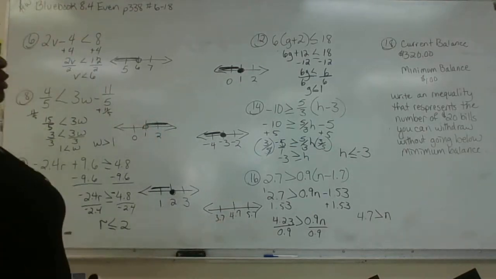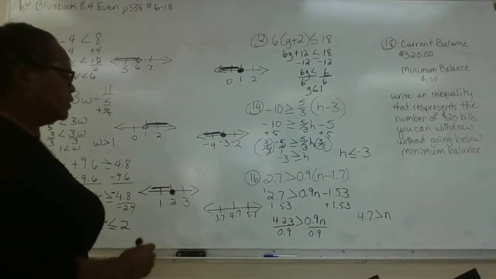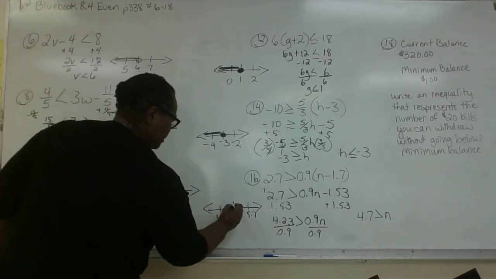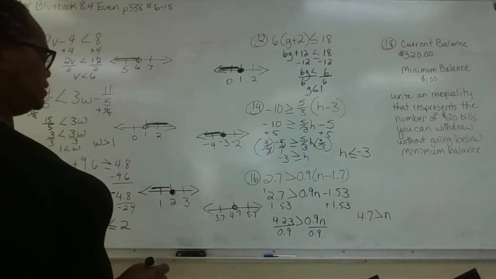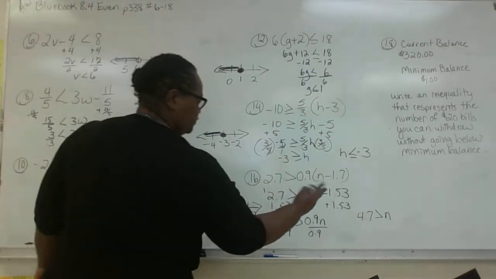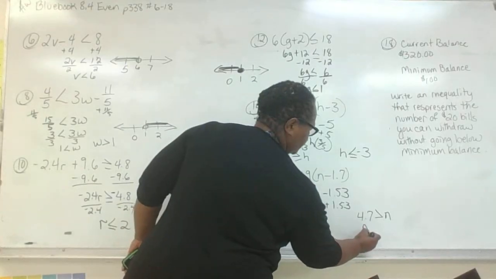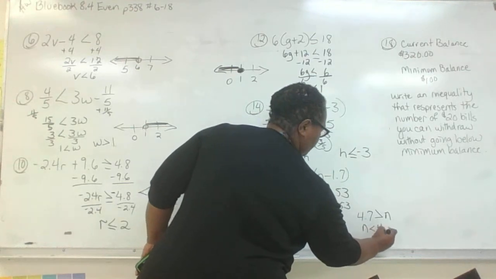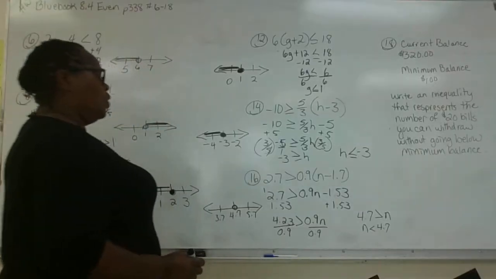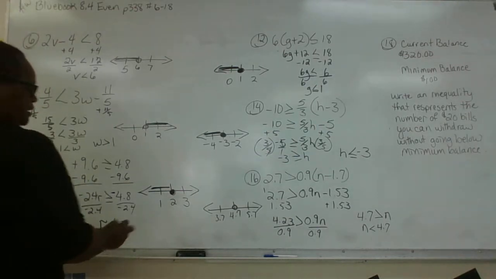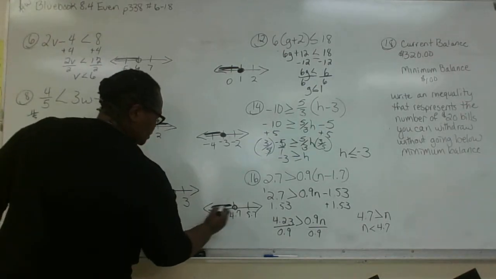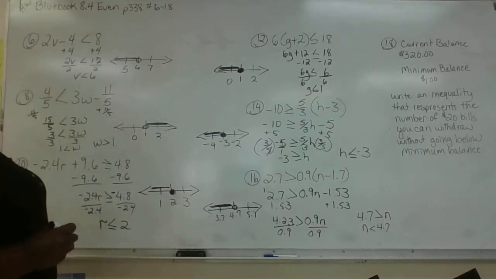Okay, we're going to start with the 4 7/10 here. We will not include it because it's not equal to. And visually, we want to flip this so that we have it in this order. So now we know that we want all integers that are less than 4 7/10. So we go in this direction, okay?